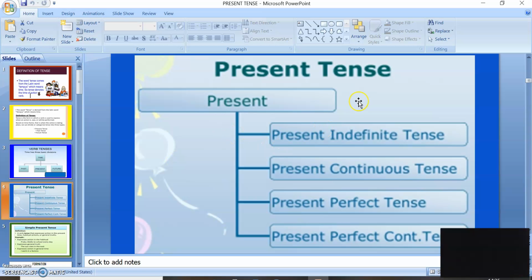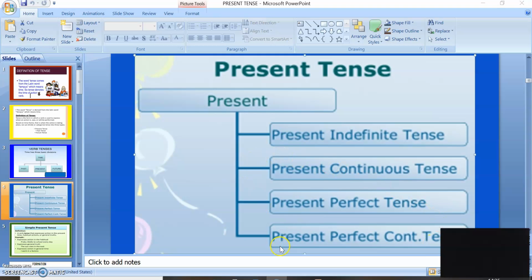So present tense is divided into four subdivisions or parts. First is present indefinite tense. Second is present continuous tense. Third is present perfect tense, and the last one is present perfect continuous tense.